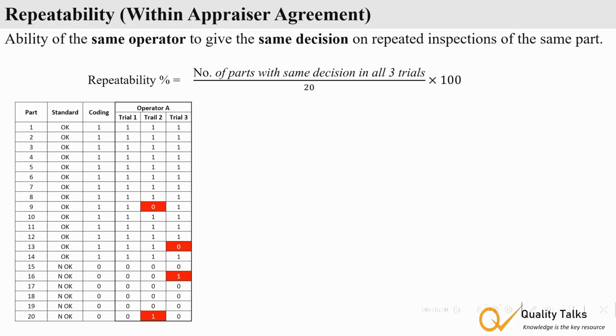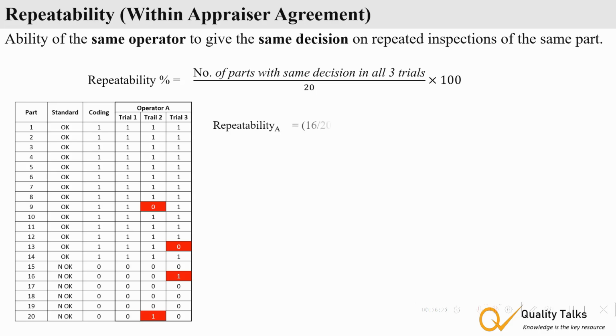Let's take the repeatability for operator A. By looking at this data, it is clear that operator A has given same decision in all 3 trials for 16 numbers of parts, while for 4 number of parts the decision is not repeatable.